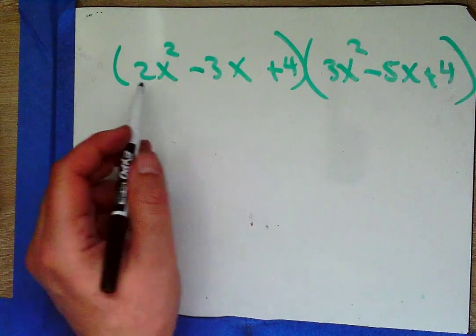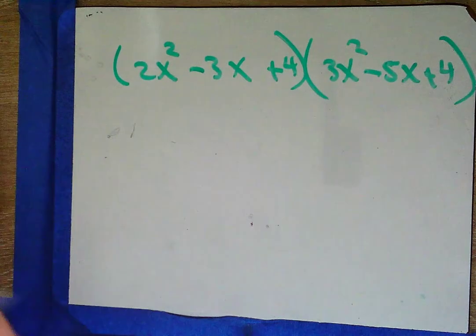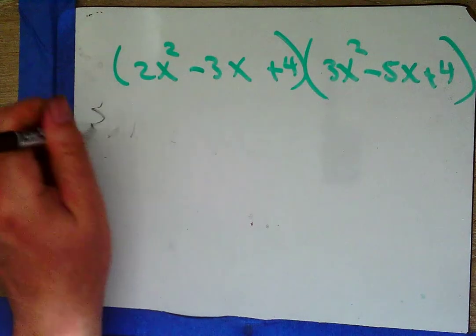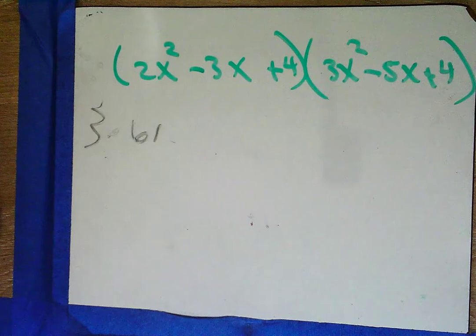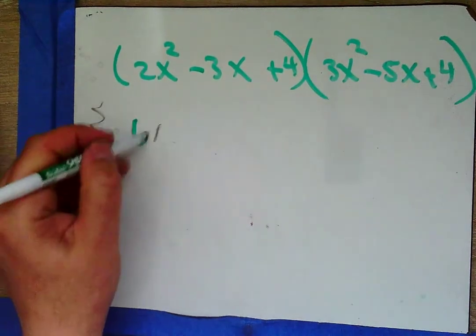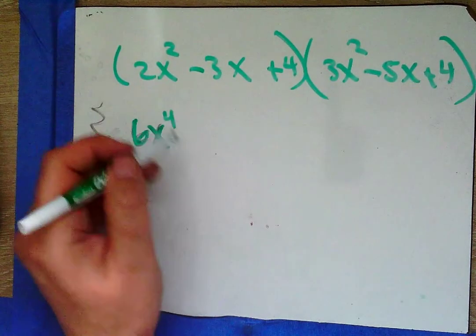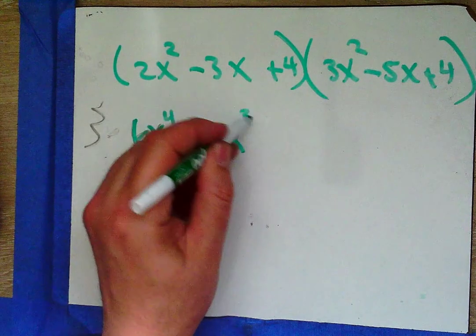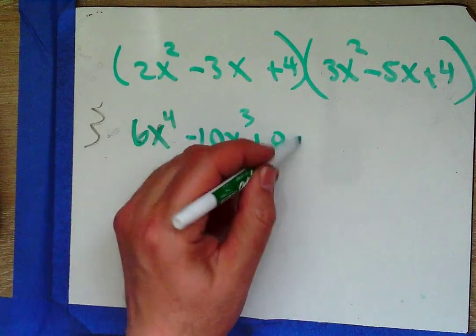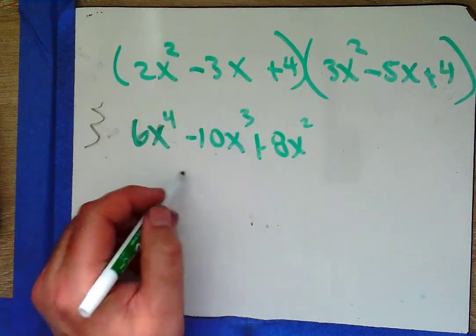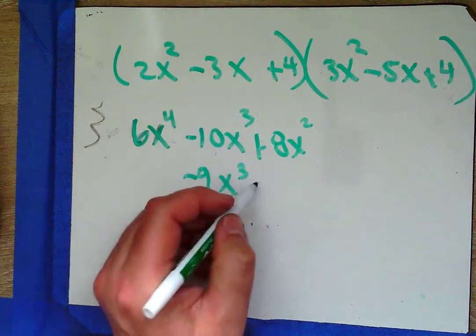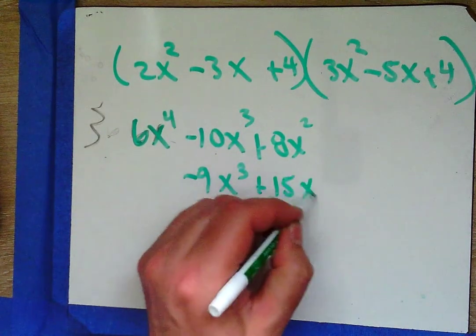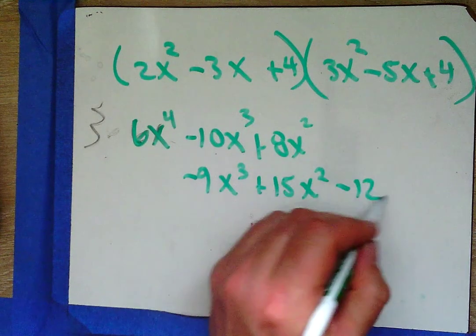All right, welcome back. So I've got 6x to the fourth minus 10x to the third plus 8x squared. And I have minus 9x to the third plus 15x squared minus 12x.